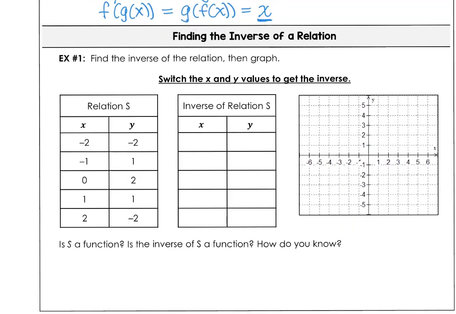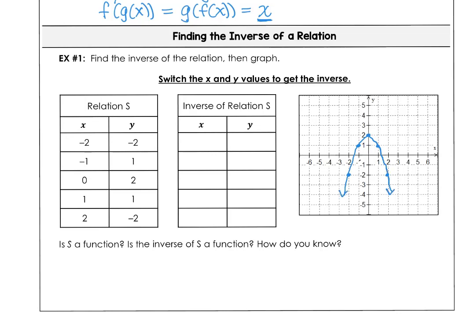Here we're going to look at inverse relations. We have these ordered pairs, (-2, -2), (-1, 1), (0, 2), (1, 1), and (2, -2). You can see that those are points from a parabola.